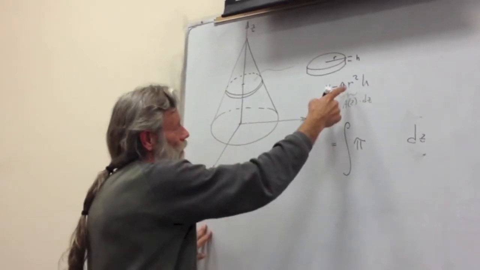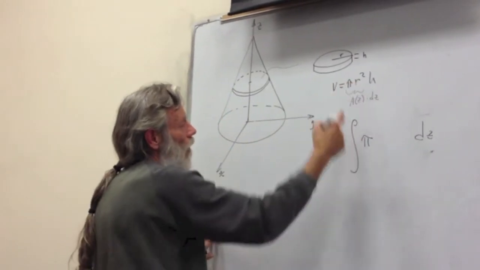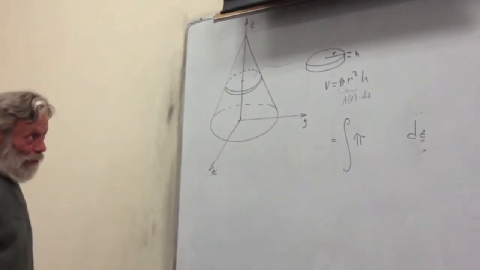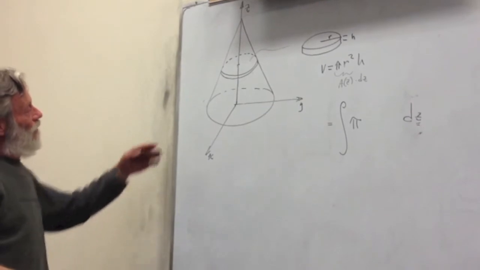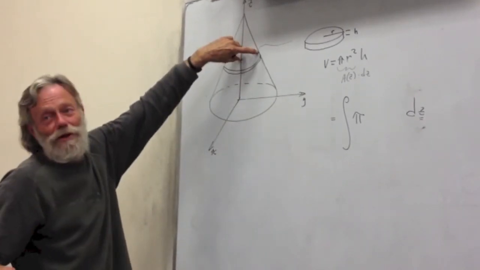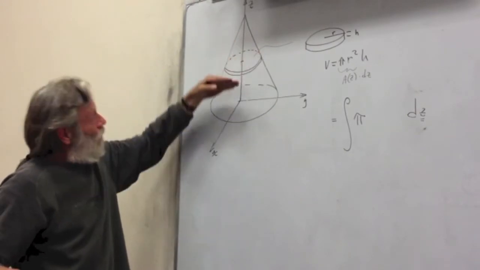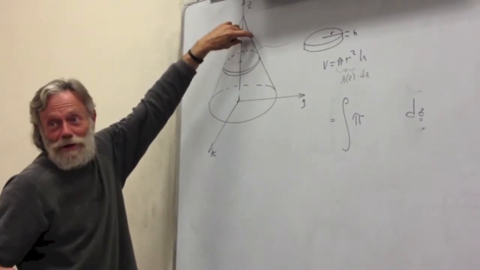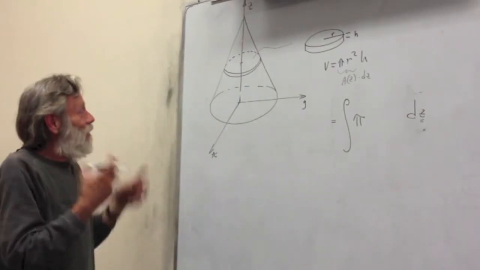The issue is, what is r? Well, r has to be described in terms of z, because z is the variable that we're working with. So we have to answer the question, for a given value of z, how big is r? For this value of z, how big is r? For that value of z, how big is r? We're going to have an equation that gives us that relationship.